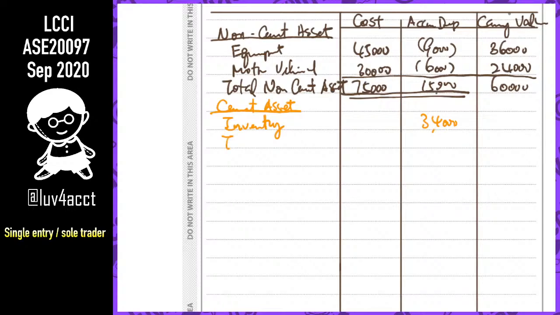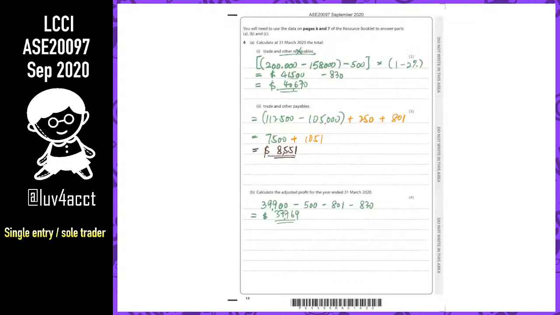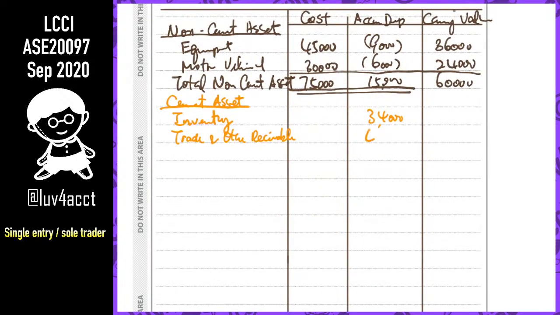$34,000. Trade and other receivable: 40,670 as calculated earlier. And cash in hand, 150.